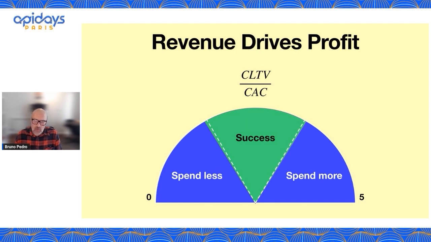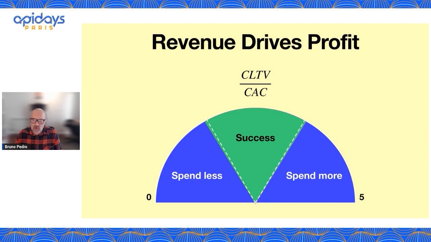So generally speaking, a ratio of less than 1 means that you are at a loss, and in between 1.5 and 3 means success. So it means that you are generating profit, but not too much profit, because if you are above 3, you could be spending that extra money in acquiring more customers, and then you repeat the cycle over and over again.